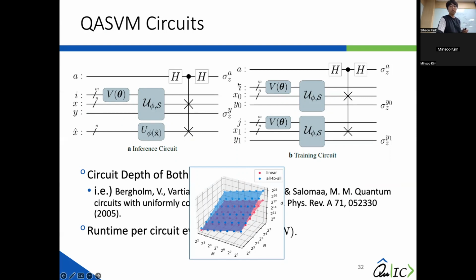Actually, for the I or J registers, it is a smart thing to prepare them in a superposition of all states, which is just another method. But for the other ones, you don't need to, and especially for this ancilla, it should be reset to 0.